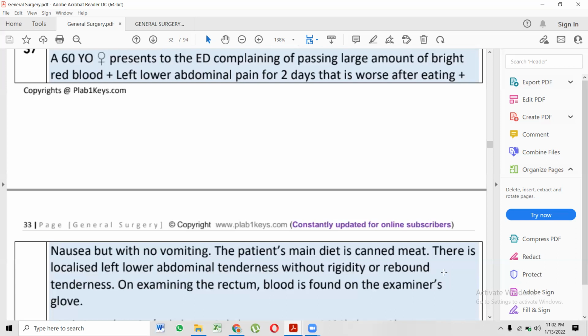What can be the other differential diagnosis in this scenario? What else can occur in an old patient other than colorectal carcinoma which can present with left lower abdominal pain?